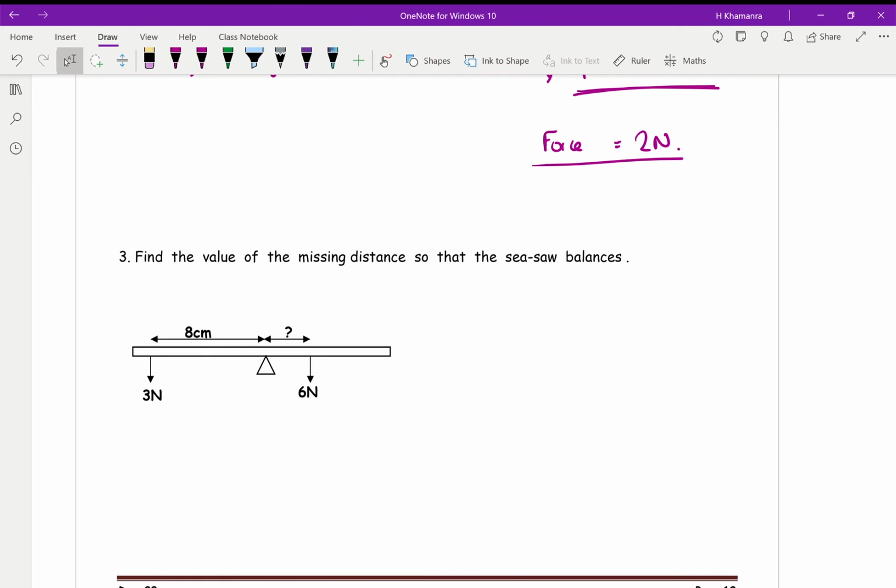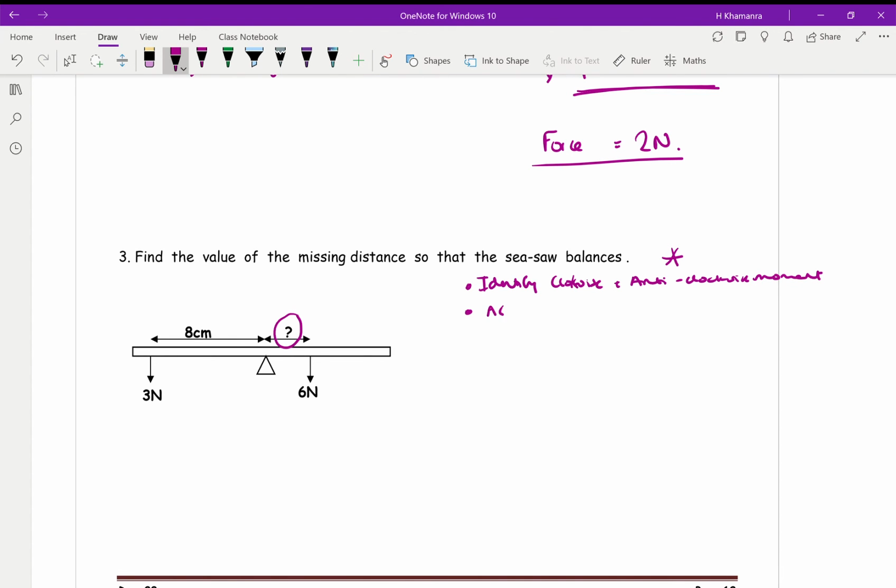Okay, so the second part of your homework is to complete question 3 and find that unknown distance. The first thing you need to do, step 1, is identify the clockwise and anti-clockwise moment, just the same way I did before.